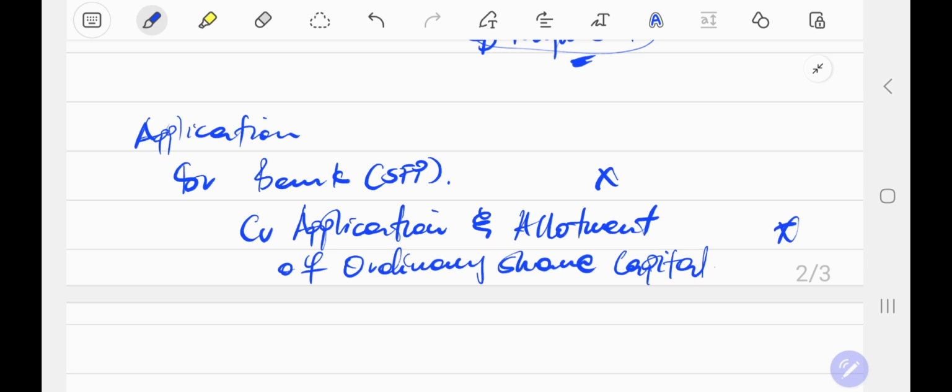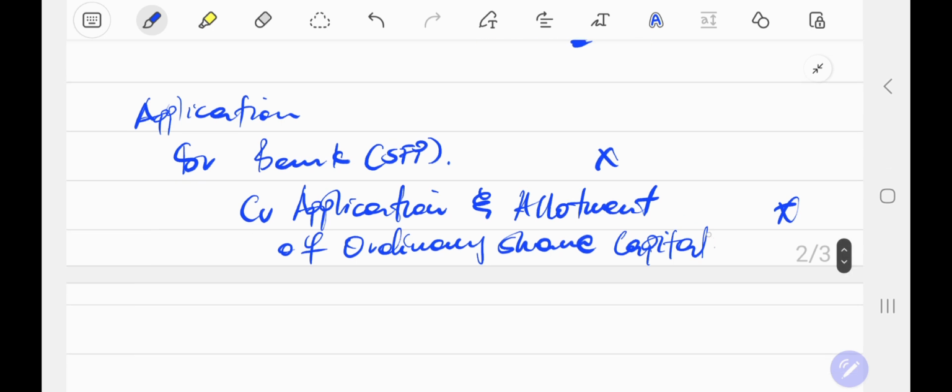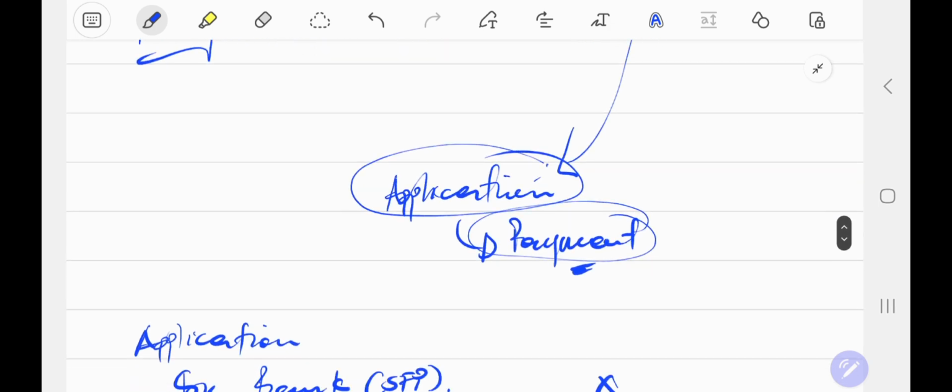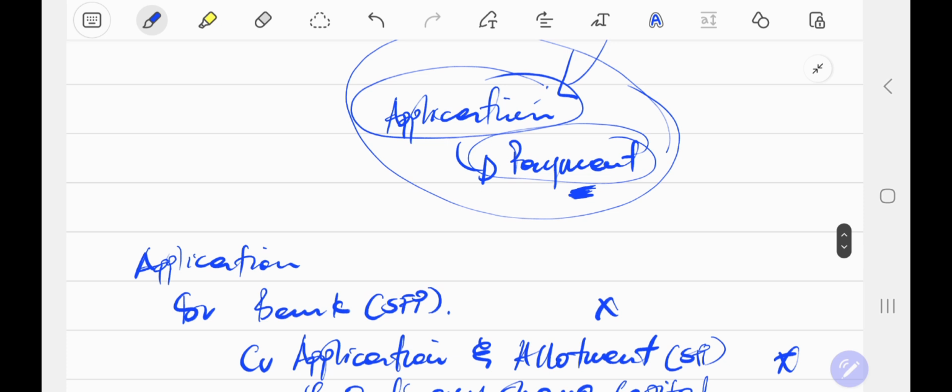So let me just take a few minutes to quickly talk about this account, right? This account is a liability, right? So why is it a liability? It's because after the potential investors have submitted the application form and the payment, it is the responsibility of the directors to allocate the shares to these people who have applied to buy shares in the company, right?